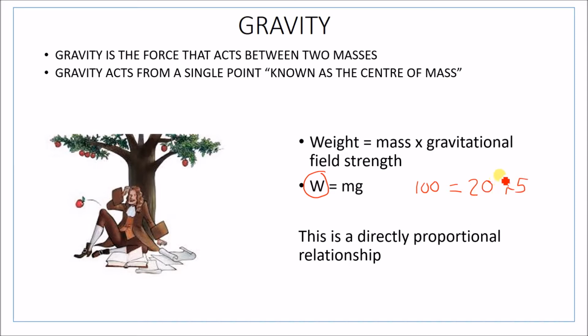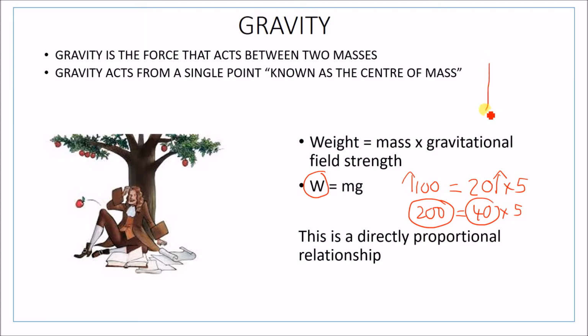Okay, if I increase the mass, I must increase the weight by exactly the same amount. This is what a directly proportional relationship means. So say I increase this by 2 times, so 20 times 2 is 40, then 40 times 5 is going to give me 200. Can you see that increasing this number by 2 will increase this number by 2? They are directly proportional to each other.